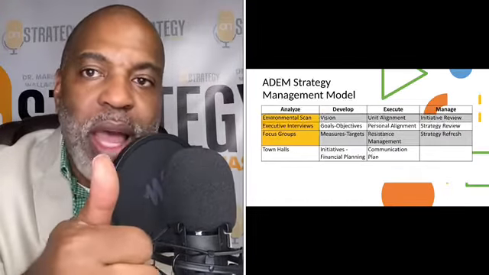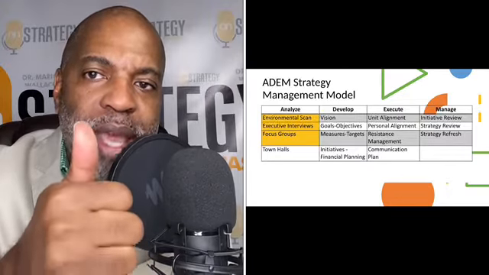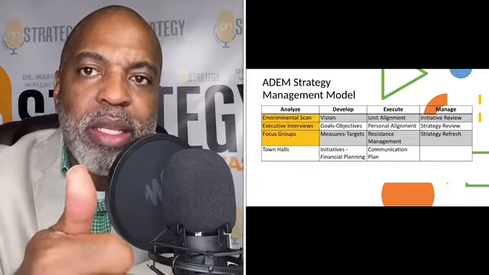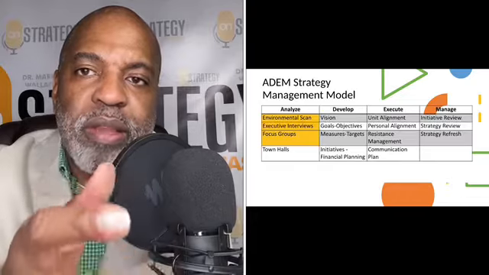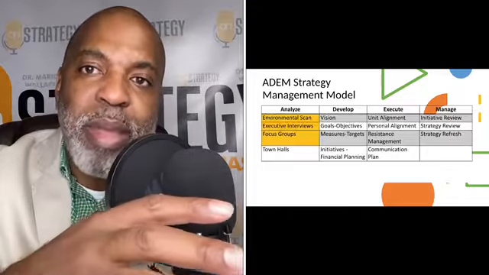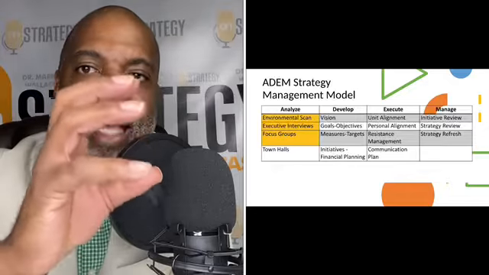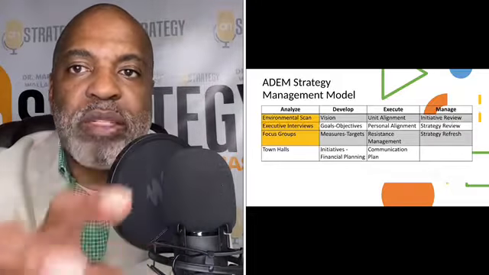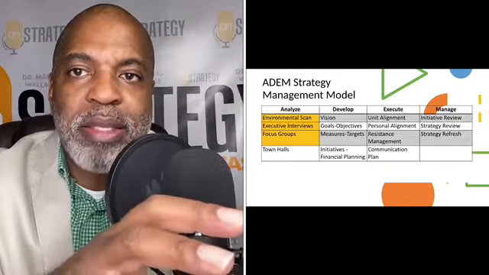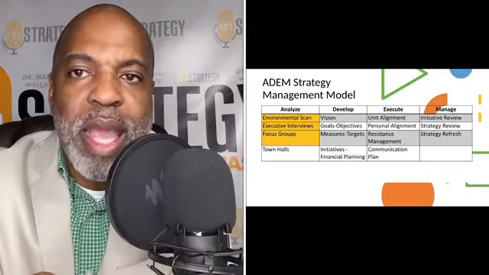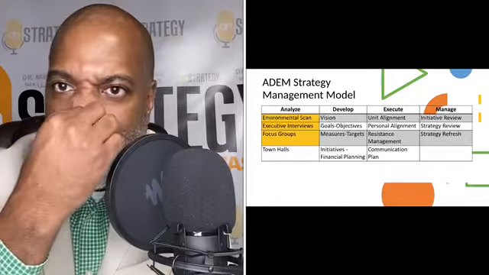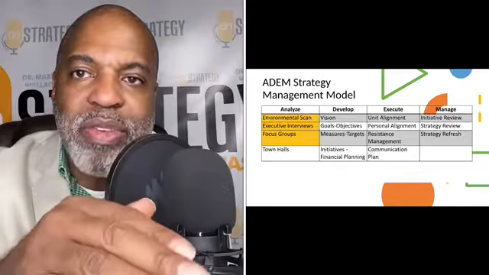So one is analyze, the other is develop, execute, and manage, right? So we think of the analyze phase, we go back to the PEST analyses. Some of that information at the highest level can be transferred from the PEST analyses to the ATOM strategy management model in the analyze phase.